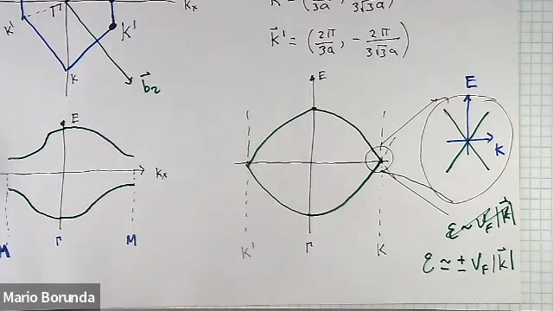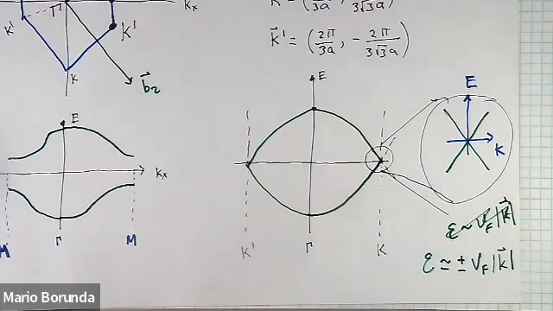Neutrinos traveling close to the speed of light have this energy versus wave vector relationship. These guys didn't realize they had this when they did the experiment, but a year later, everybody knew about it because this was predicted back in the 40s. So the first prediction happened in the 40s.